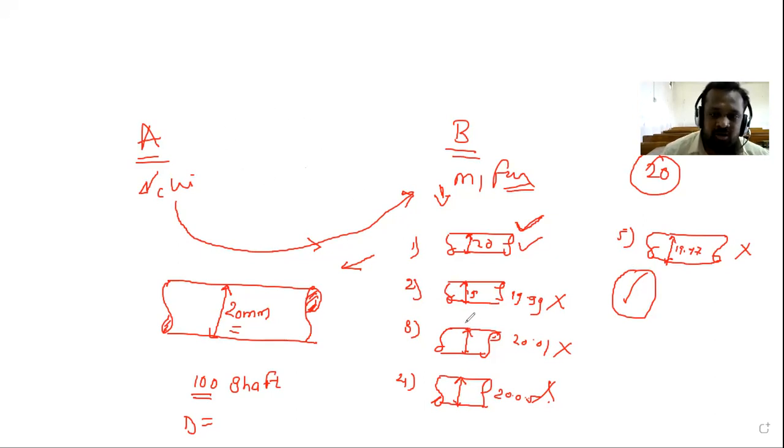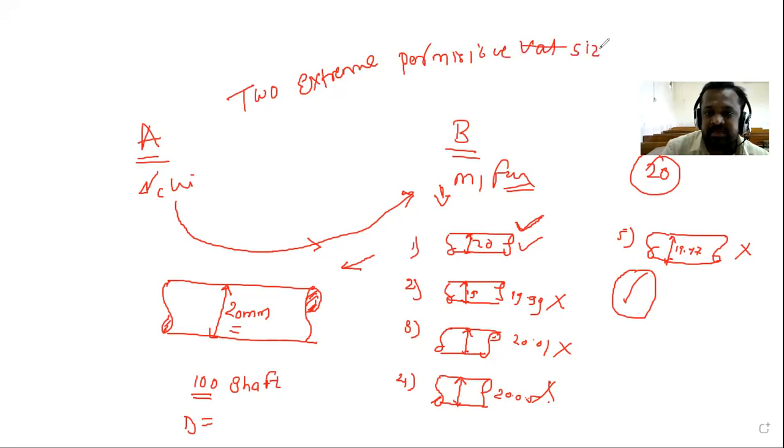For this problem we are giving the two extreme permissible sizes. To overcome this problem, we are giving the two extreme permissible sizes.